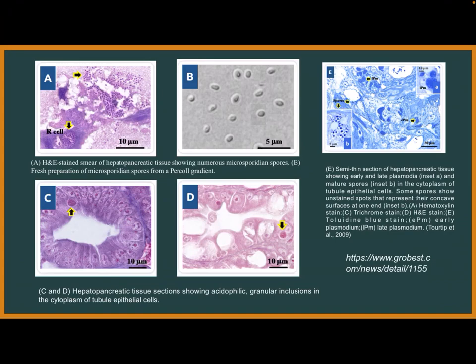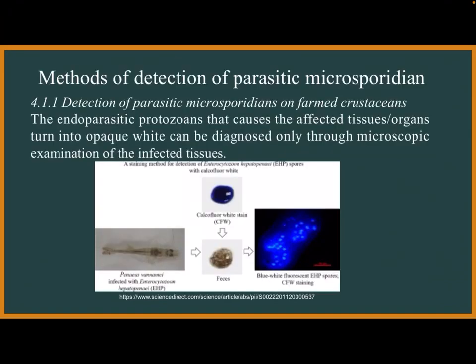Lastly, image E is a semi-thin section of hepatopancreatic tissue showing early and late plasmodia and mature spores in the cytoplasm of tubule epithelial cells. Some spores show unstained spots that represent their concave surfaces at one end.